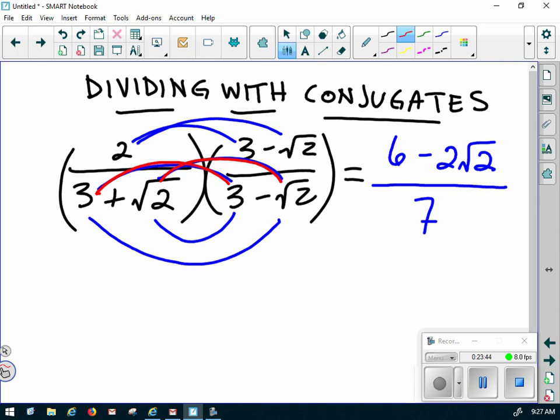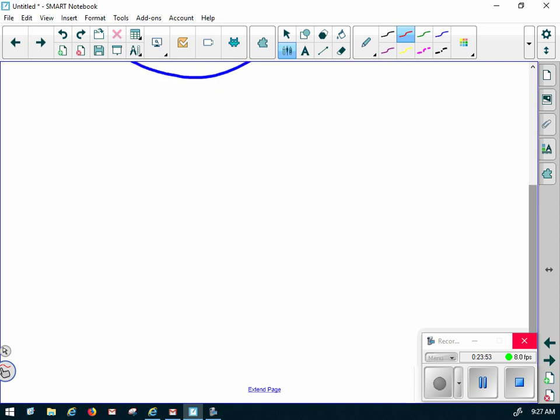Folks, we do i's exactly the same way. Exactly the same way. So, on your page 43, number 1, 2 divided by 1 plus i. Here we go.